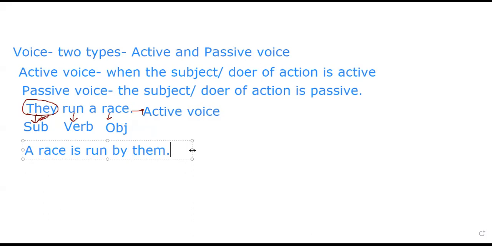So a race is run by them is passive voice. Here, they changed into them and has become passive. What has become active here? Race. Okay, so it's passive voice.